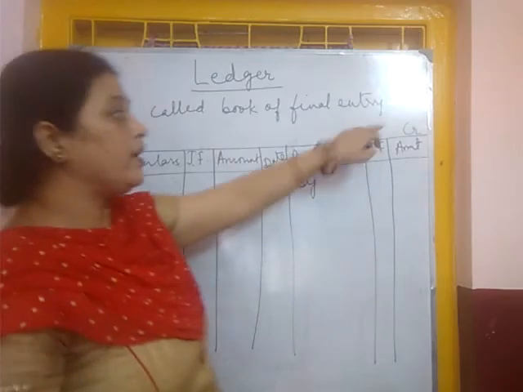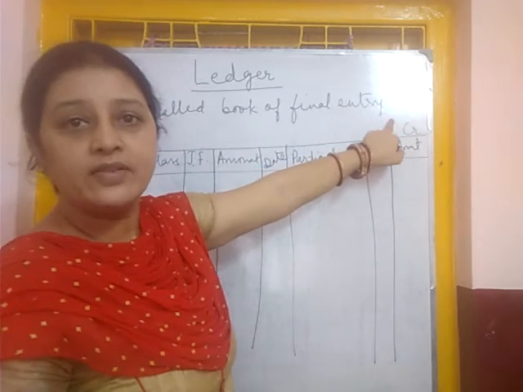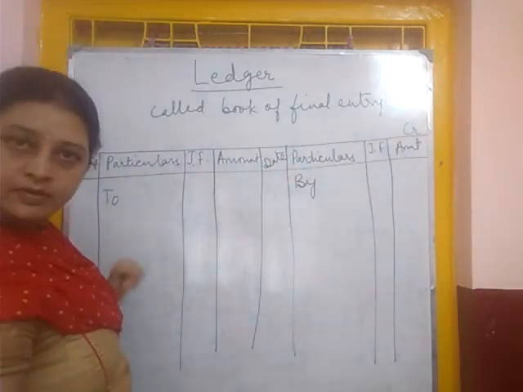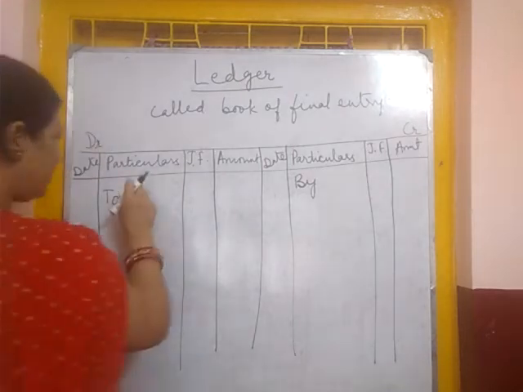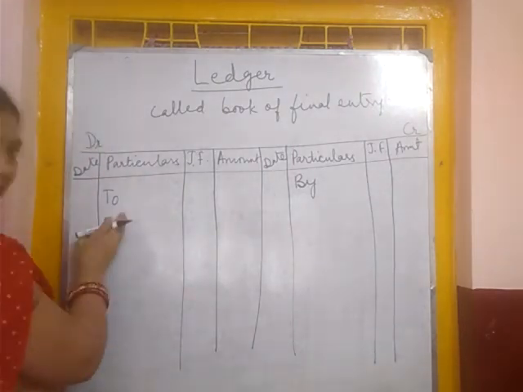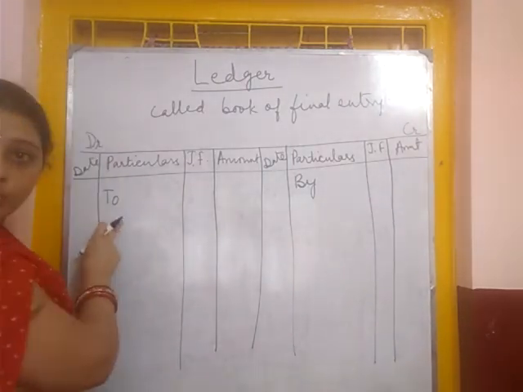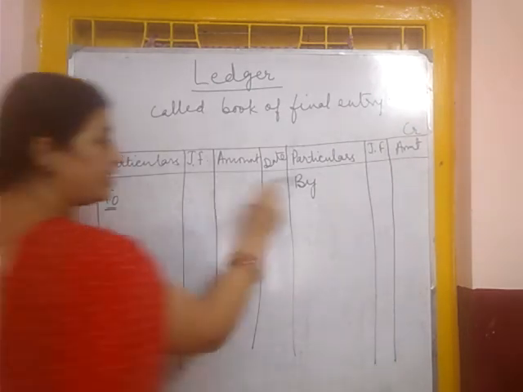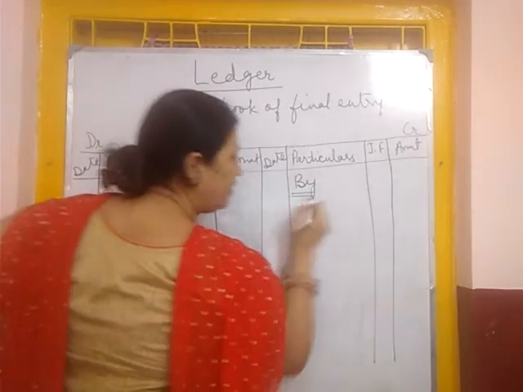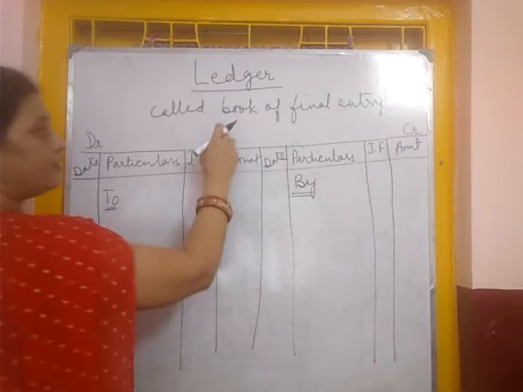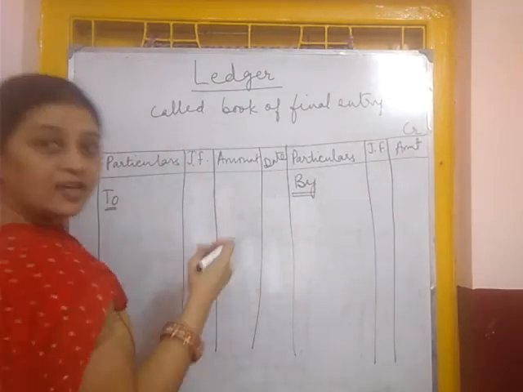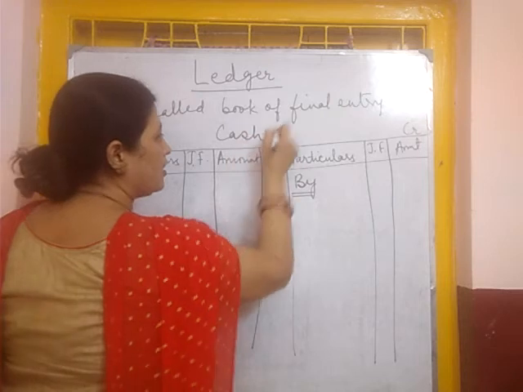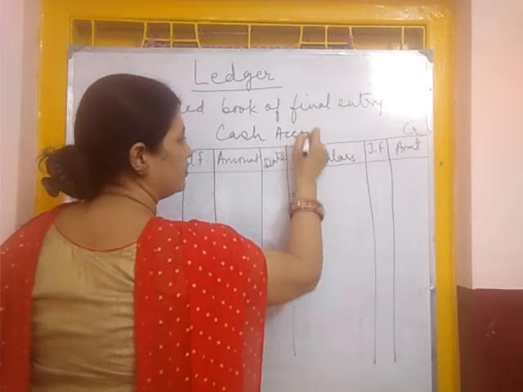So at the top we are writing DR and CR. CR means credit and DR means debit. Am I clear? So here, as I told you, debit side is always denoted by "To". We have to write "To". And credit side is always denoted by "By". And here, suppose you are preparing a ledger of cash account, so you will write it here as cash account.